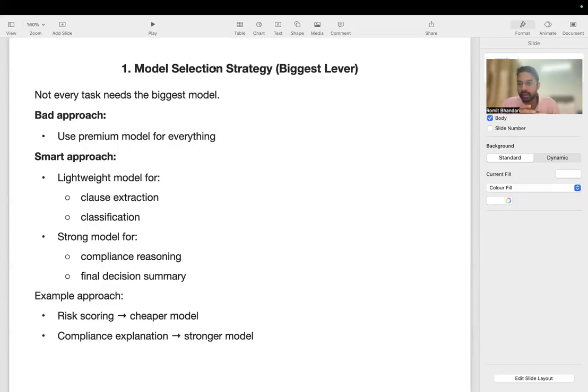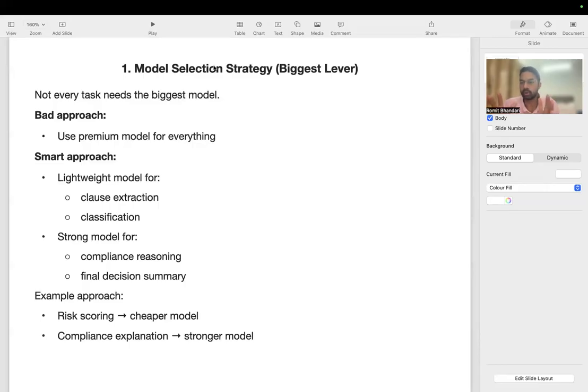If you automate and increase costs, then it doesn't give you the advantage you were looking for. So obviously it's a bad approach to use premium models for everything. So you start with a lightweight model, let's say for clause extraction or classifying the different clauses under various buckets.